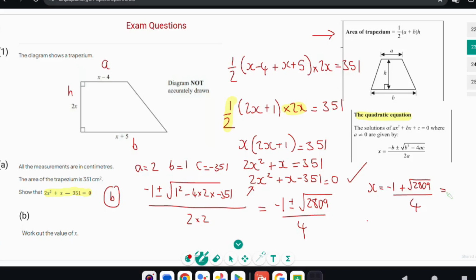So minus 1 plus 53 divided by 4 is 13. And my other answer is minus 1 minus root 2,809 all over 4, which is going to give me a negative number, which we won't use because we can't have a negative dimension. So x is 13.